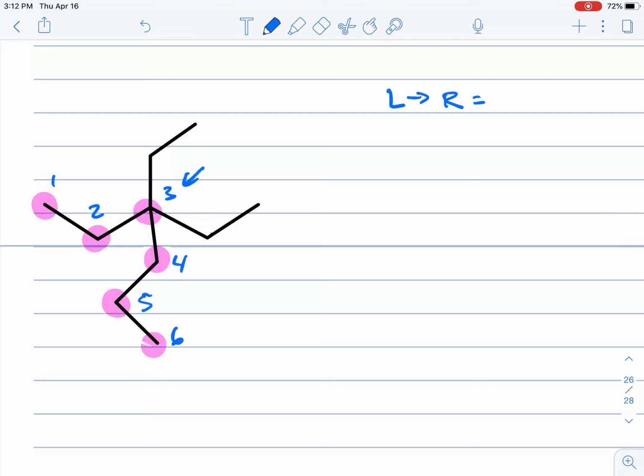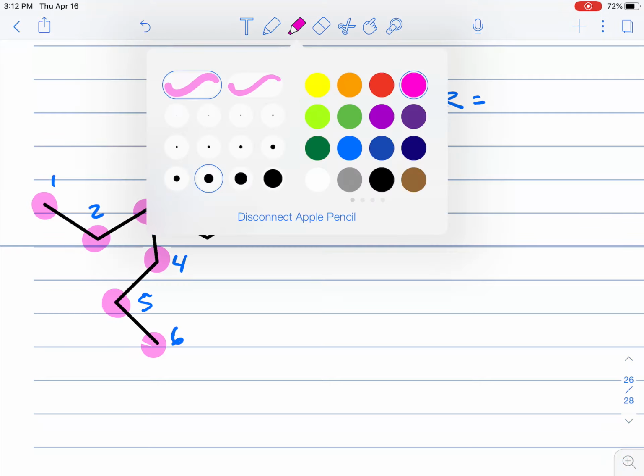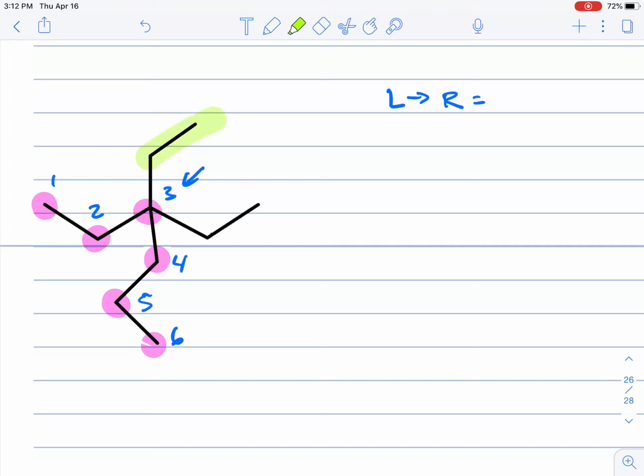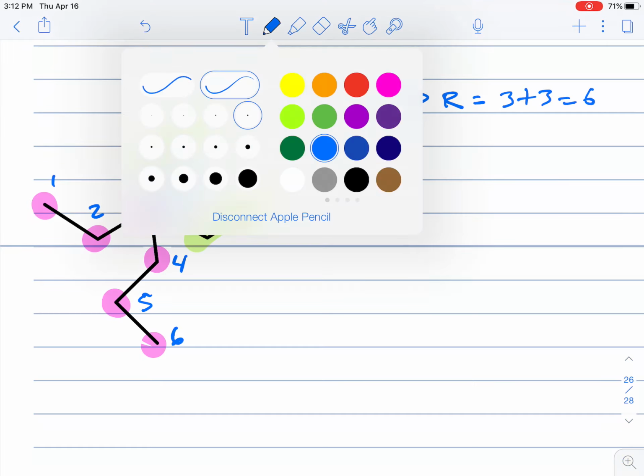Looks like I have 2 substituents. So I have this as a substituent, that as a substituent. And since I have both of them as a substituent and they're both on 3, I'm just going to put 3 plus 3, which is 6.